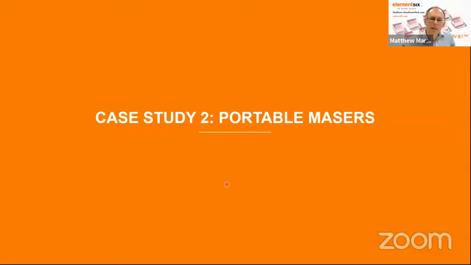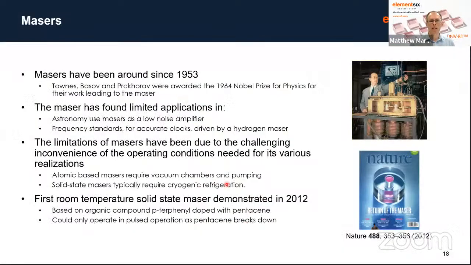So my next application is at a much earlier stage. It's about using portable masers, and this is work that we've been doing with Imperial College. Masers have been around for a long time, since the 1950s, way before lasers came online, but obviously masers are not as ubiquitous as the laser.